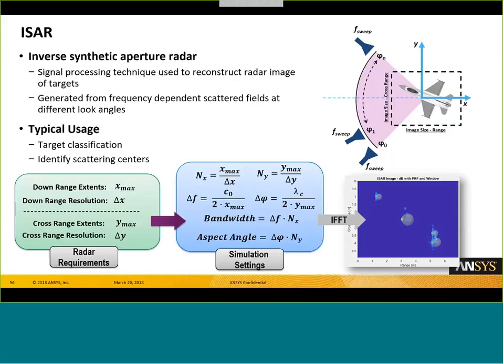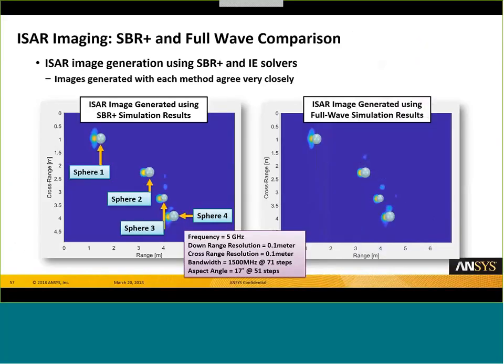So it's really akin to just providing a range profile for a given look angle and holding on to that range profile with additional look angles and using all of those results and providing the Fourier transform to generate that ISAR image.